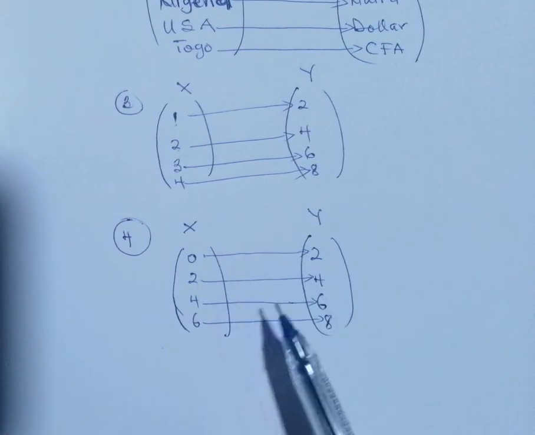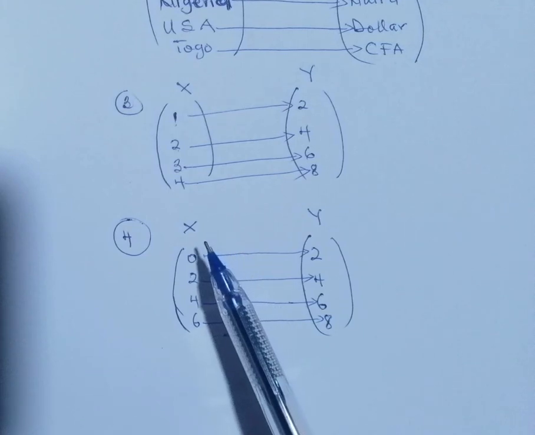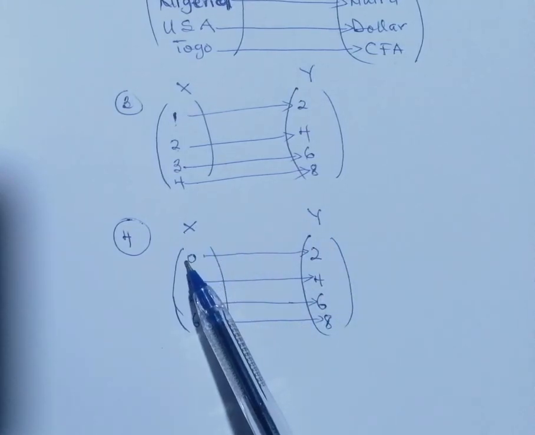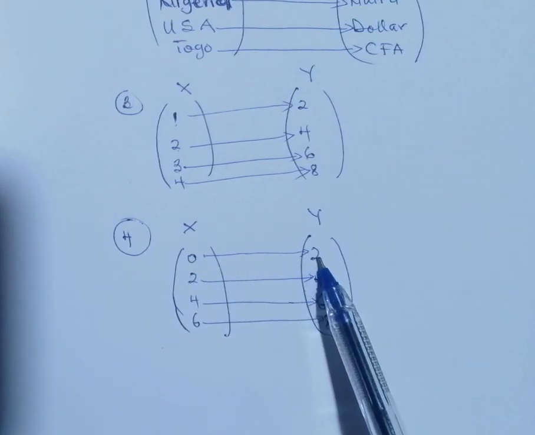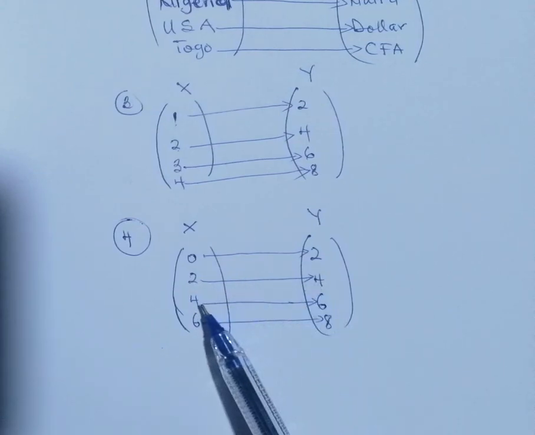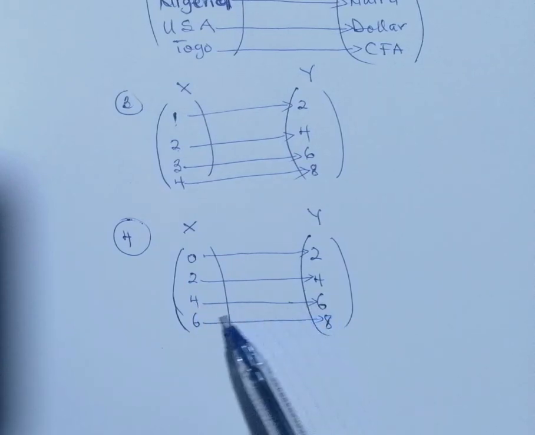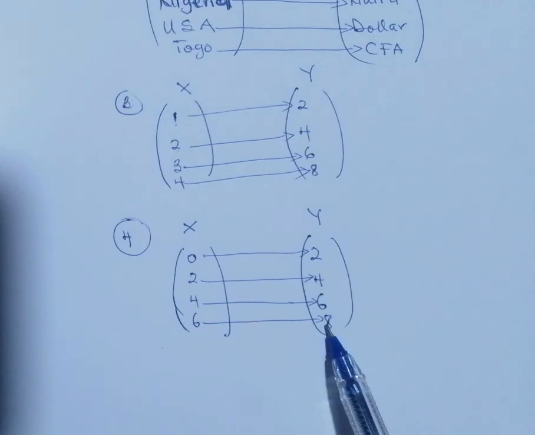What rule, or what relation, is between set X and set Y? If I have 0 here, it corresponds to 2. If I have 2 here, it corresponds to 4. If I have 4 here, it corresponds to 6, and the 6 here corresponds to 8.